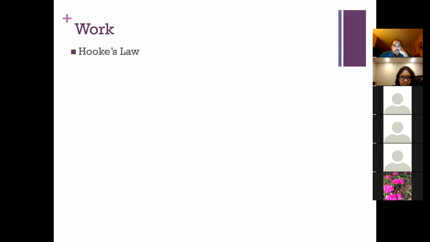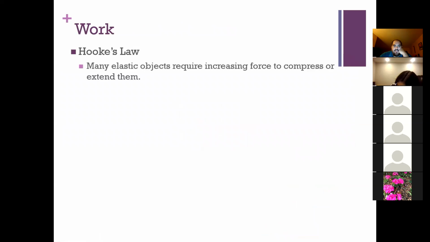So let's talk about Hooke's law. If you're going into physics or if you've already taken a semester of it, you've probably seen this. Hooke's law basically describes the force acting on elastic objects. Usually you see this applied to springs, but any kind of elastic cord can be modeled using Hooke's law.